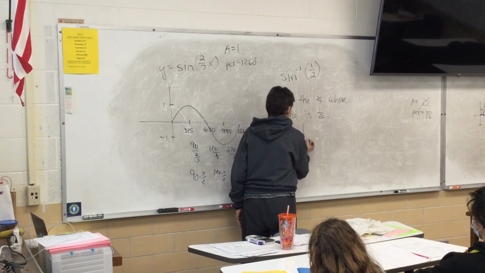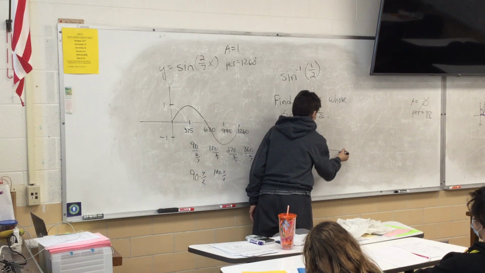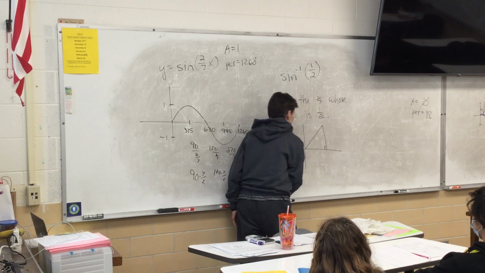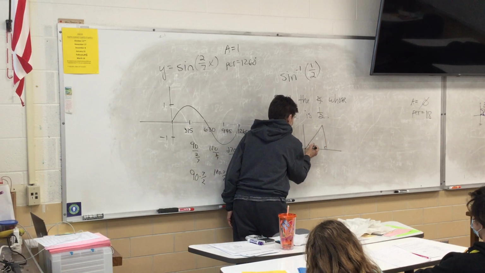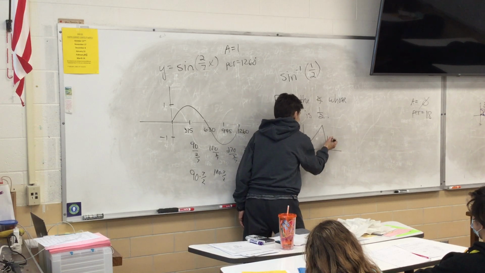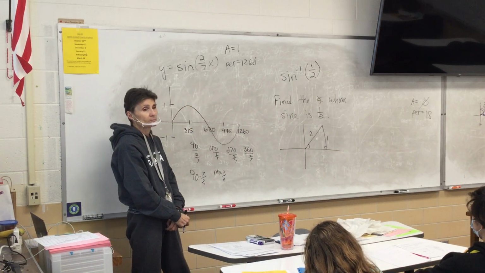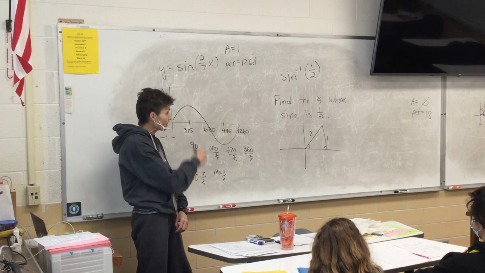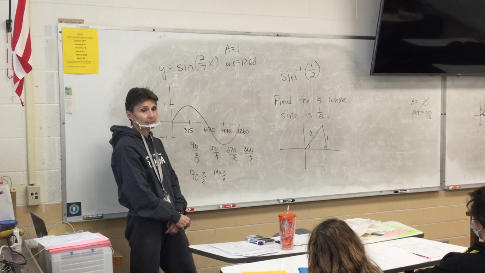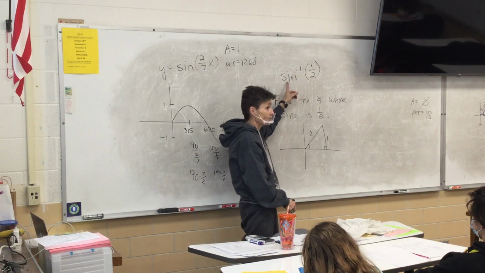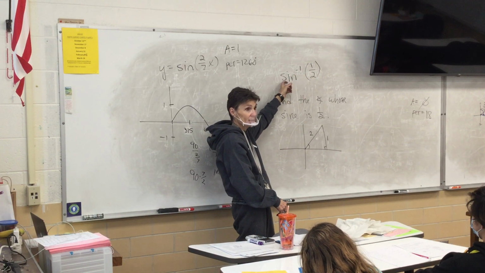So I'm going to draw a picture of a triangle and an angle here at the origin that has a sine of 1/2. Does that make sense to you? Does that angle have a sine of 1/2? Yeah. Remember, when we type this in on our calculator, aren't we finding an angle? Isn't that what this does?